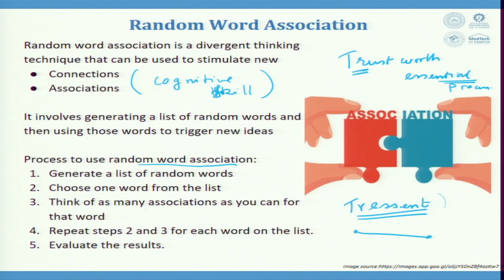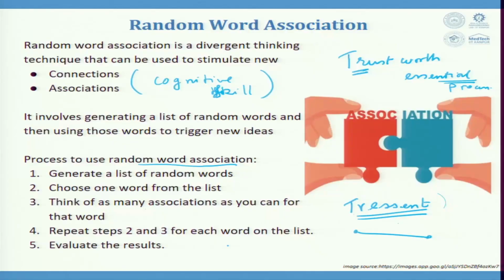So, out of 50 minus 1, now you have 49. Pick up another word and start putting associations, and gentlemen, try to keep a focus on the problem statement, the need statement and the product you have in mind. So, repeat steps 2 and 3 for each of the words, till you saturate with many ideas. It is time consuming.